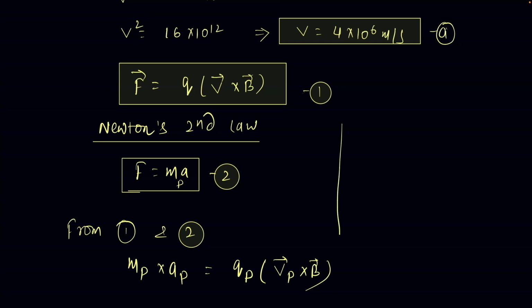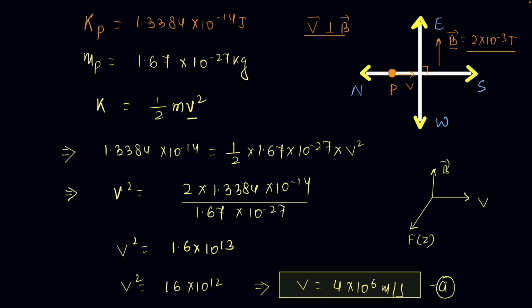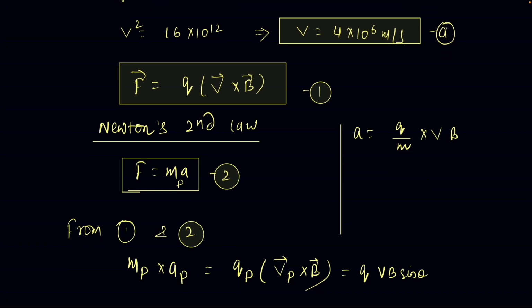So acceleration is equal to charge by mass into velocity into the magnetic field. This can be written as q v B sine theta. As v and B are perpendicular to each other, theta is 90 degrees, so this can simply be written as q v B.